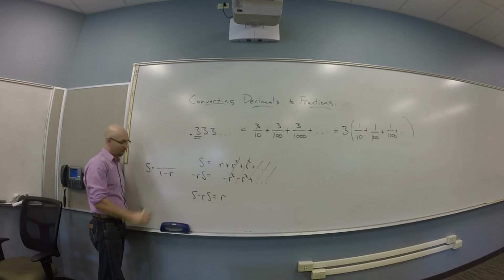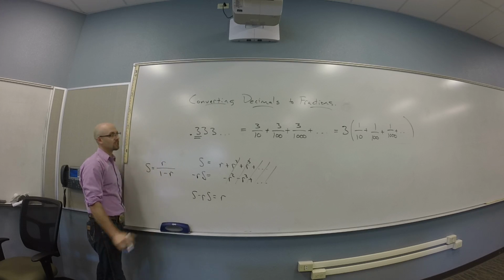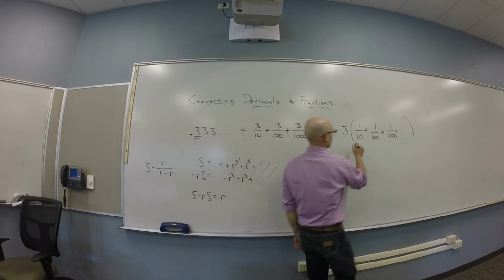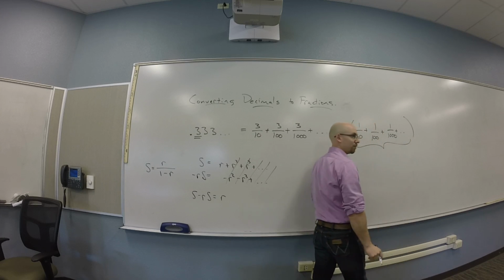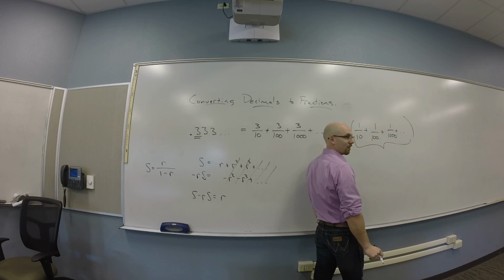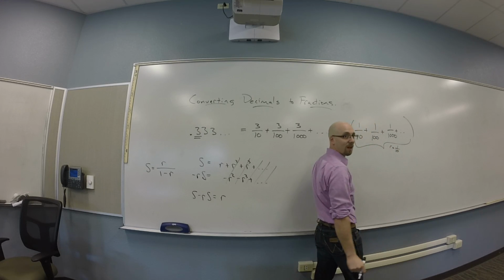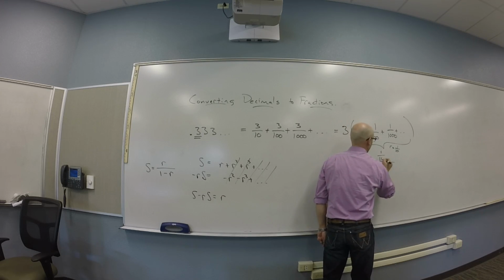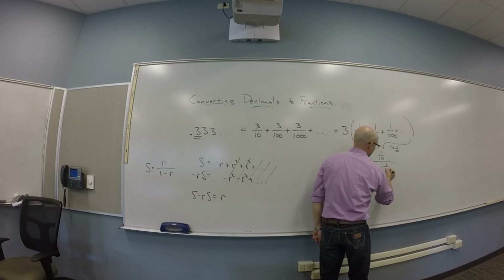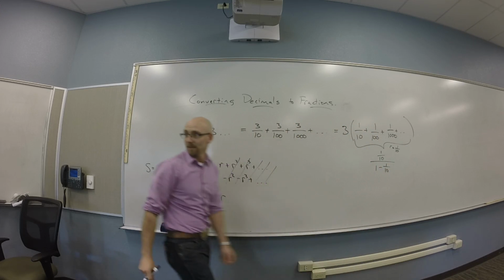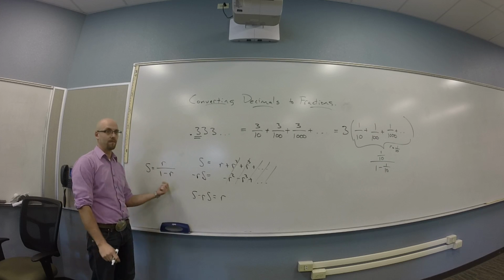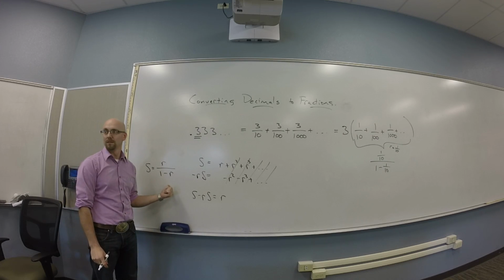So this whole business here becomes what? r is 1/10, so this becomes 1/10 divided by 1 minus 1/10.